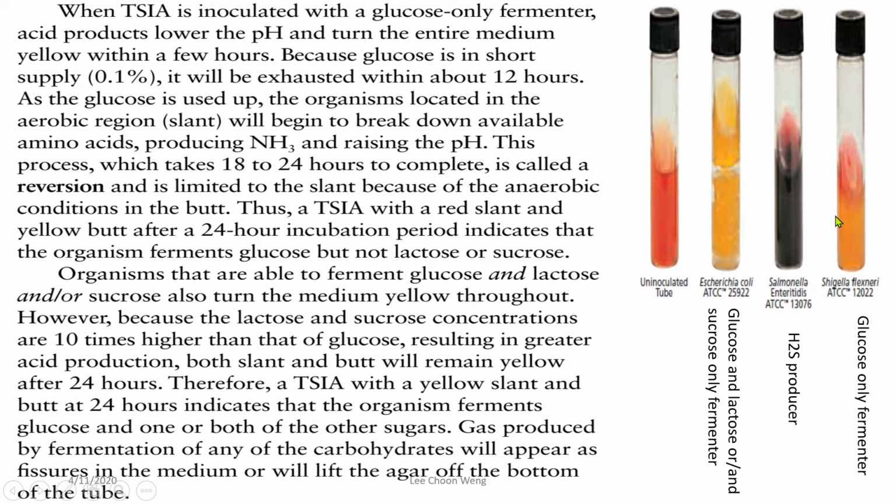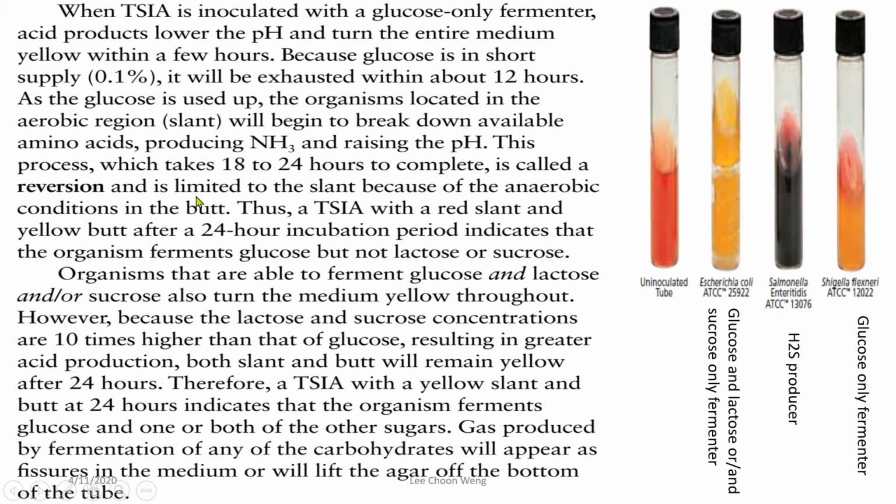However, if it is a glucose-only fermenter, the glucose will be quickly utilized and then the bacteria will start utilizing other products, for example, the amino acids. This will instead start producing ammonium and raising the pH, especially at the slant area.